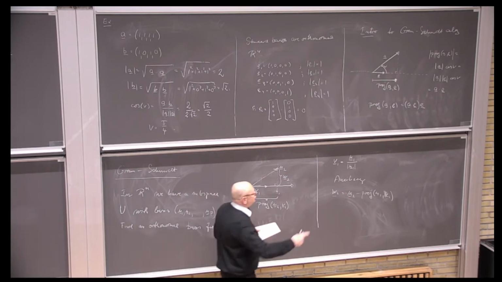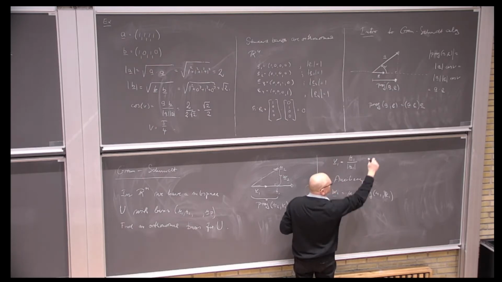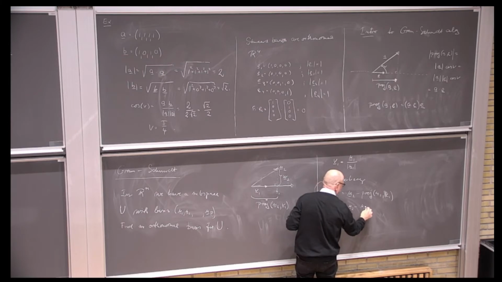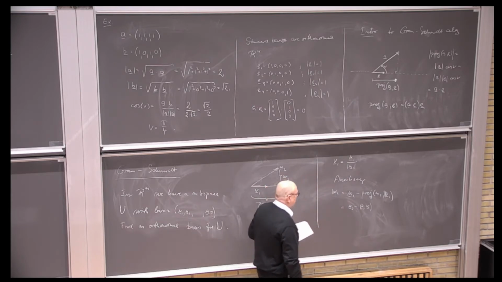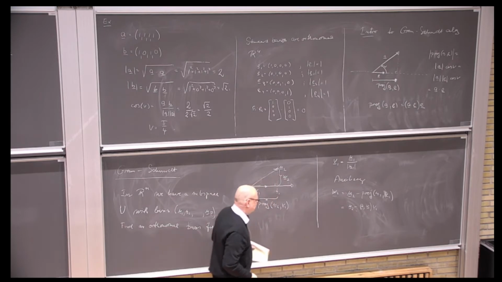And then I just use this formula up here, and I get that it's equal to U2 minus the dot product of the two vectors, U2 and the unit vector V1, times the unit vector V1.